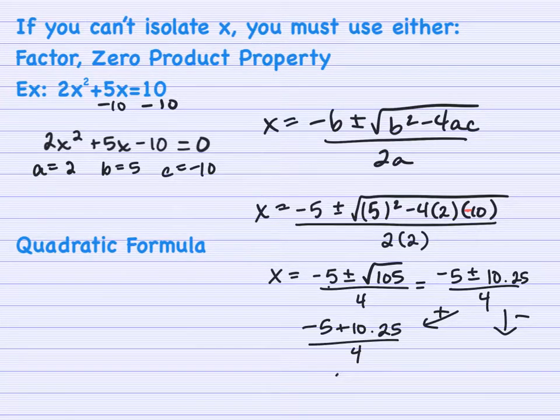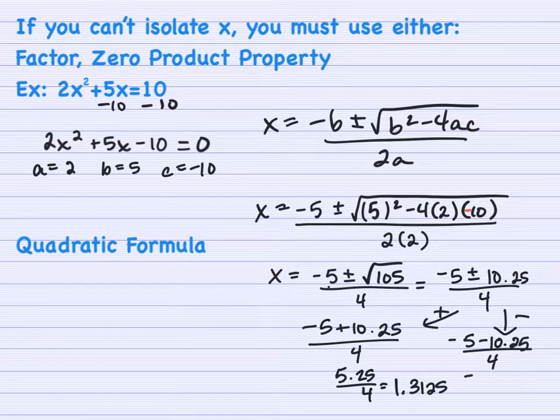So that's going to give me 5.25 divided by 4, which is 1.3125, approximately anyway. Then I'm going to do negative 5 minus 10.25 divided by 4.